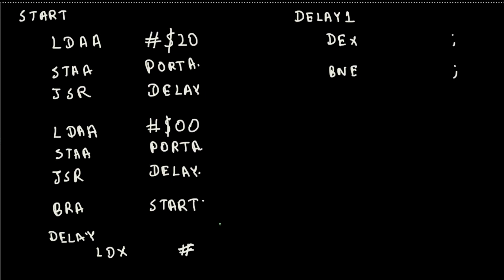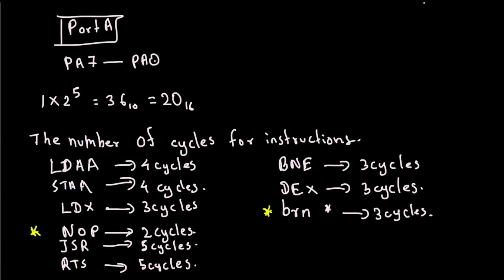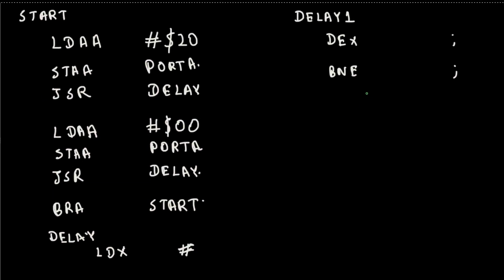If we cannot achieve it with this instruction, then we have to use these two, NOP or BRN, or both of them, depending on how many we need, but we can decide that later. And then RTS at the end, that is going to take 5 cycles. This is a return from subroutine since we are using subroutines here.